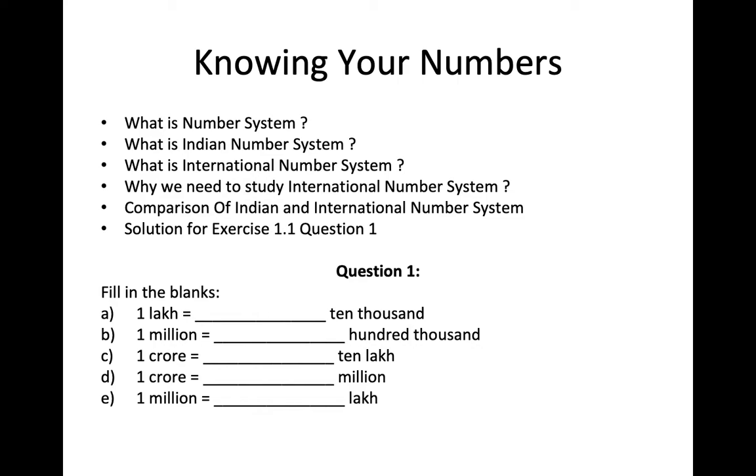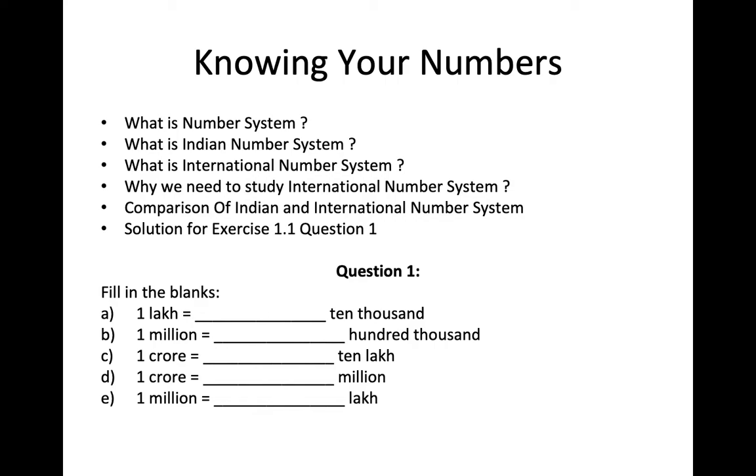For example, in English there are the alphabets C A T. If you combine these, it is going to be cat. Same way, if there is a combination of more than one digit, for example 2 or 3, how you are going to read that number is our number system.